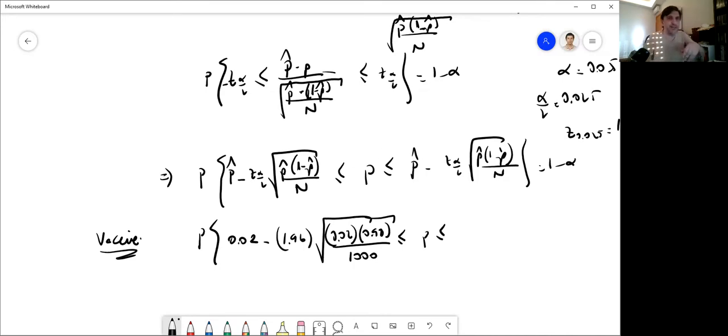Now let me calculate this value, just a minute. 1.96 times the square root of 0.02 times 0.98 divided by 1000 is 0.0087. Is that correct? I think, and I hope so. Yeah. And 0.02 plus 0.0087 is equal to 0.0287.